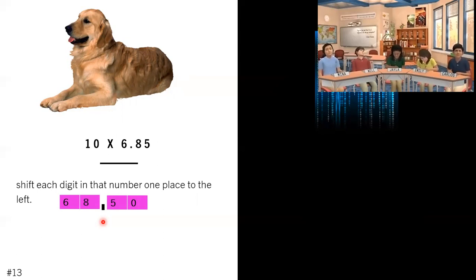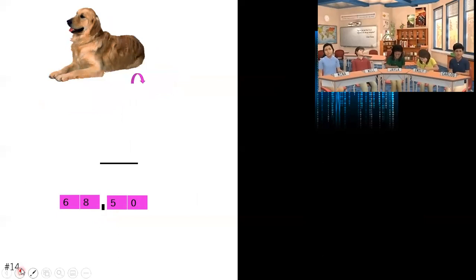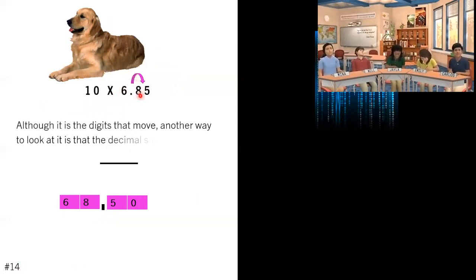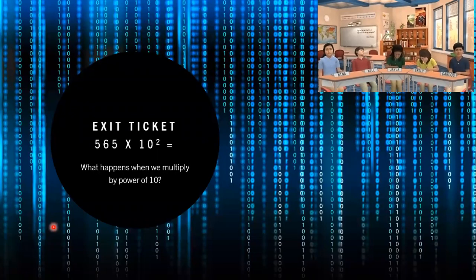We are adding a 0 and we are shifting the decimal point. So we moved the decimal to here to make it 68.50. Although it is the digits that move, another way to look at it is the decimal shifts to the right one place.